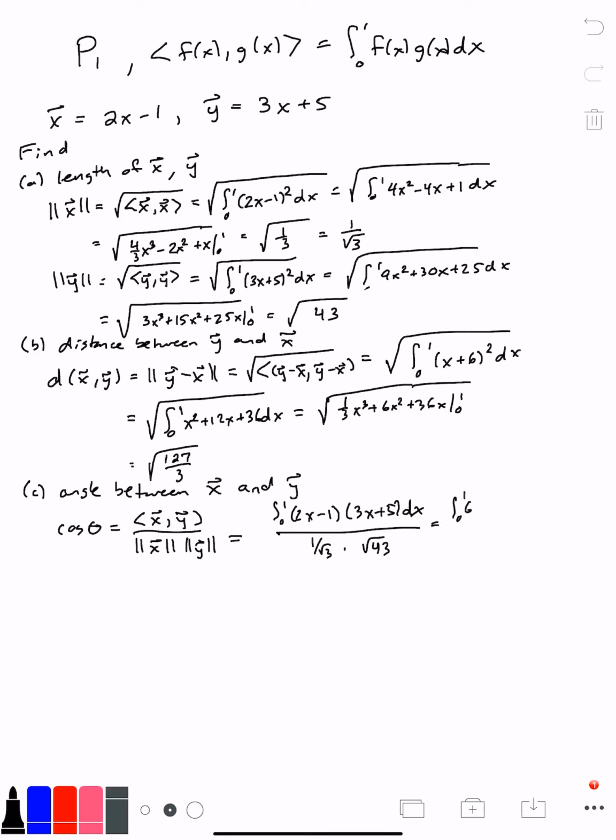It's going to be the integral of 6x squared plus 10 minus 3, which is plus 7x, minus 5. This will be the square root of 43 over 3. And then that's going to be 2x cubed plus 7 halves x squared minus 5x from 0 to 1. And let's see here. 2 plus 7 halves minus 5 is going to be 1/2 on top. And so then we divide here.